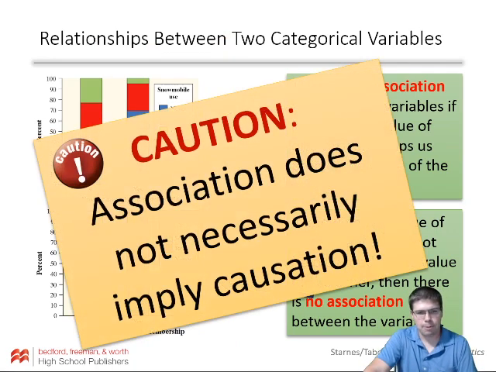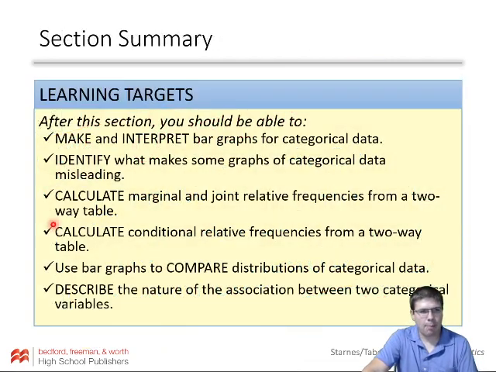So to wrap up, you should be able, at this point, to make and interpret bar graphs for categorical data. Identify what makes some graphs of categorical data misleading, like those pictographs, or if your y-axis is poorly labeled; you have to make sure you're consistent with that. Calculate marginal and joint relative frequencies.